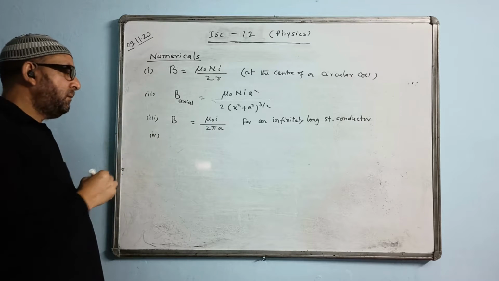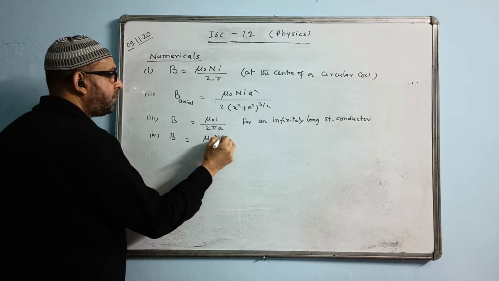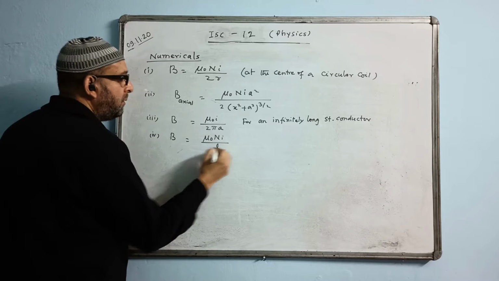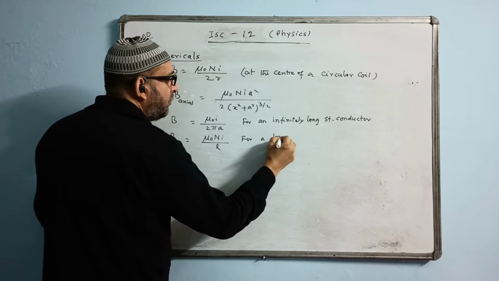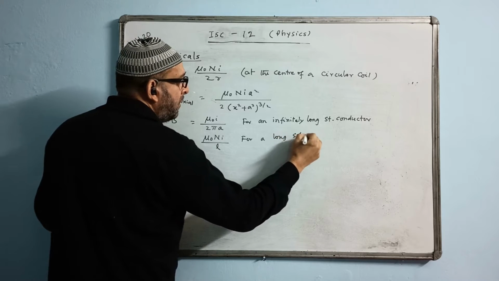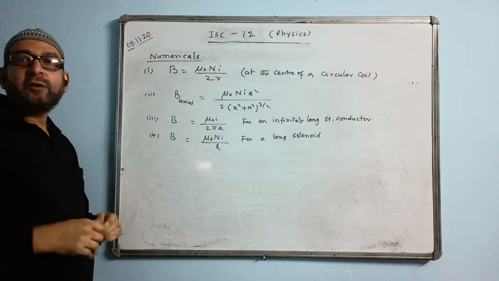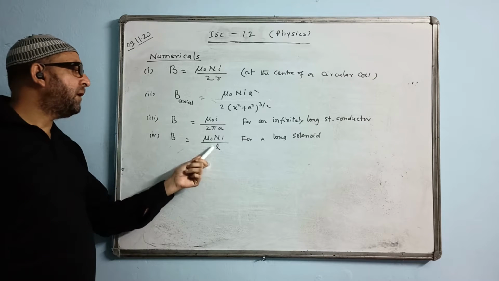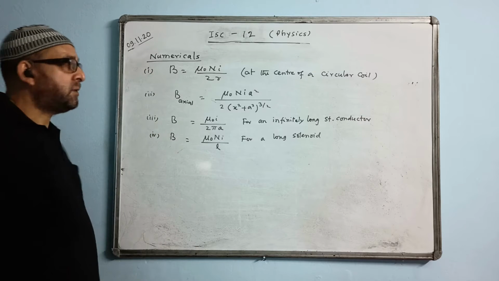And the fourth one is B equal to mu naught N I by L for a long solenoid, or just for a solenoid. That's it. And if it is a toroid, only the value of L will change to 2 pi a. These are the four formulas.